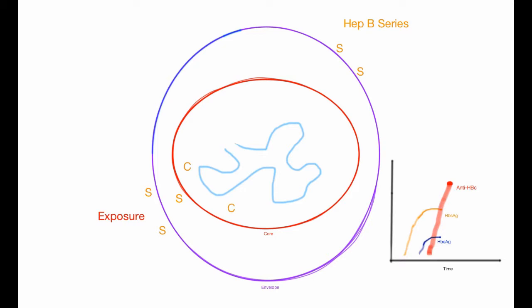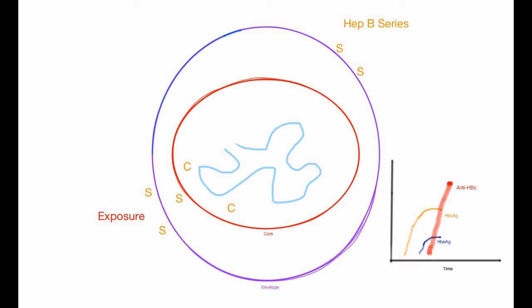So after about the second month following your exposure, you should at this point have hepatitis B surface antigens, hepatitis B envelope antigens, as well as hepatitis B core antigens. Your body should have produced all of those. And about the second month, your body actually will start responding to those antigens by the production of anti-hepatitis B core, or hepatitis B core antibodies.